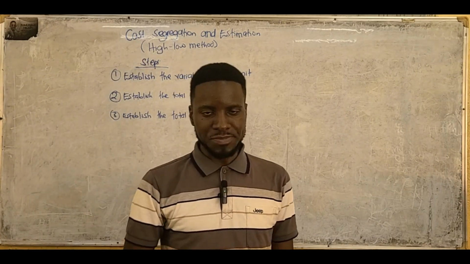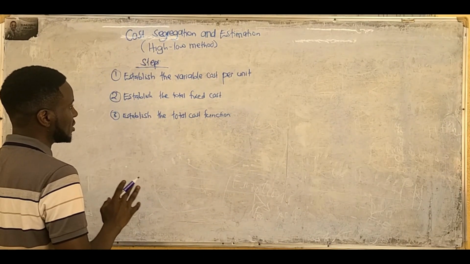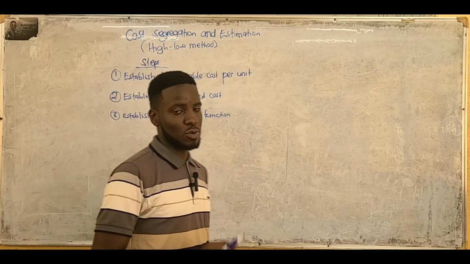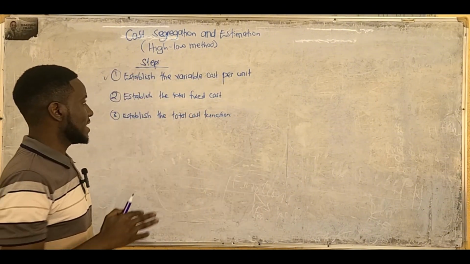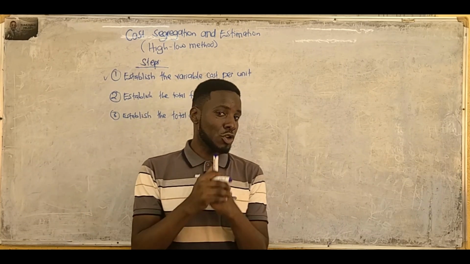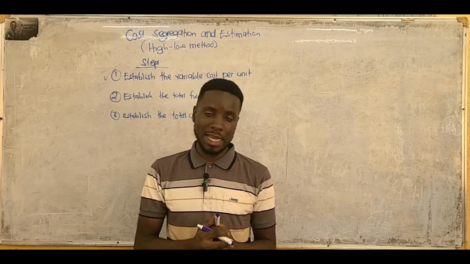The very first thing here that we have to put emphasis on, because if you don't know it, then you cannot start to attempt such a number, is the variable cost per unit. If you don't know how to establish the variable cost per unit, you cannot even start working out this number.